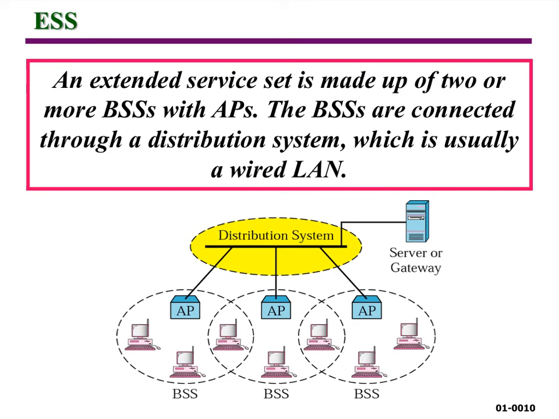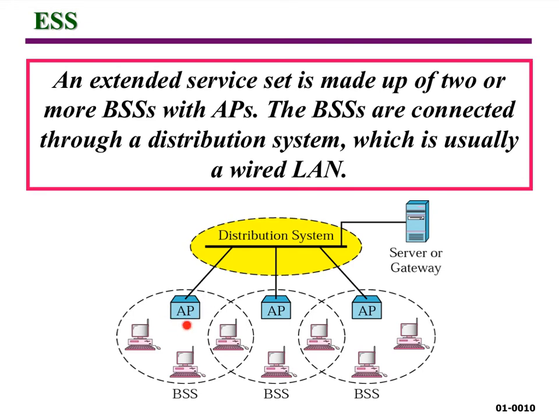But we could actually have different wireless technologies. So we could have 802.11 here and 802.16 here. In which case these access points need to support both, which means they need to have one transceiver for Wi-Fi and one transceiver for 802.16. So it becomes a little bit more complicated, but this is in fact what happens.